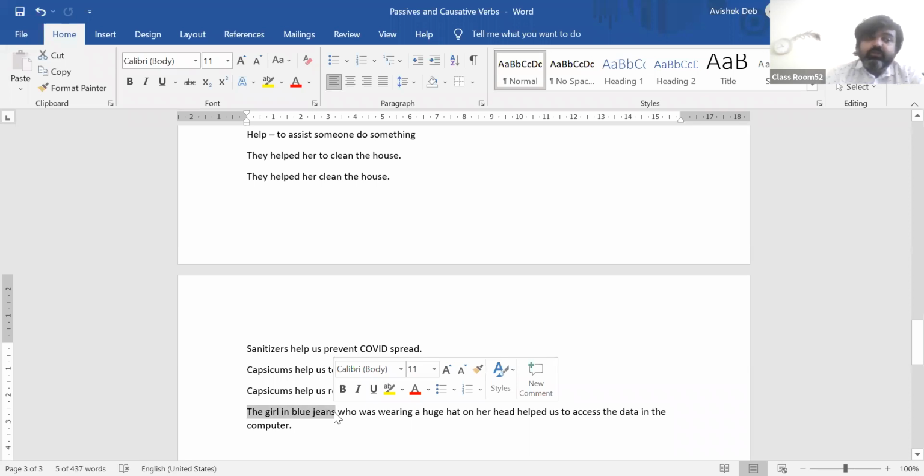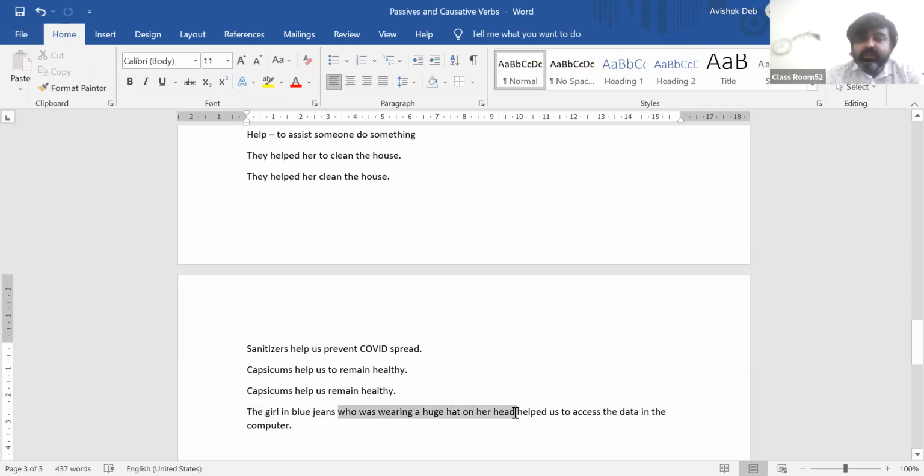Can you identify a clause? You'll have to say, okay, this is a clause that I can identify. You can also say, I can identify this clause. This is a clause as well.